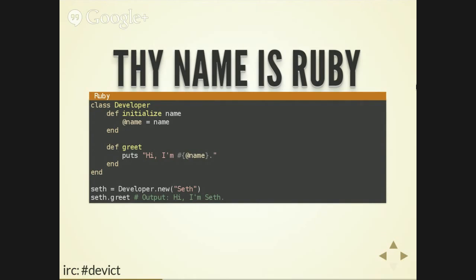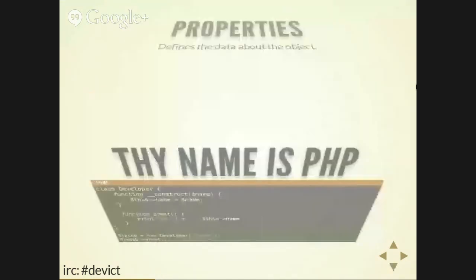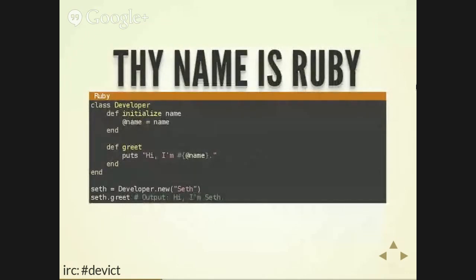When that argument comes in, looking at this syntax, this is a local variable, so this variable only exists for the life of this method. This with the @ sign in front of it means it's an instance variable. It's a property on that class that the object is going to carry around. So like in PHP, we said this name, and in Ruby it's @name, and that just means it's a class property.